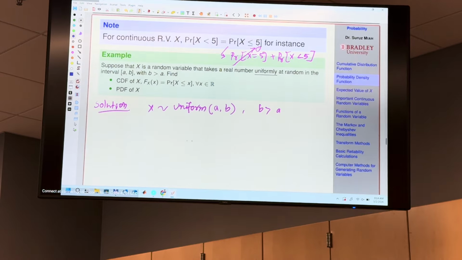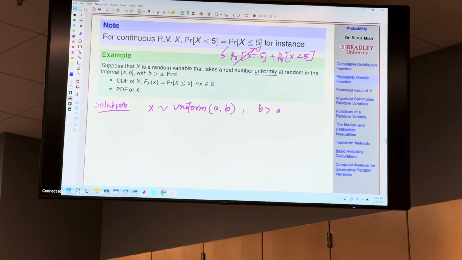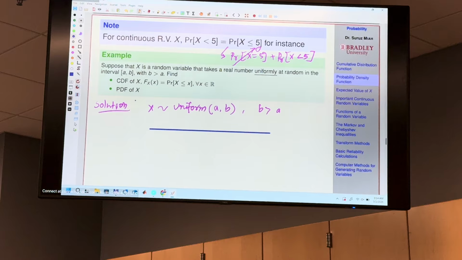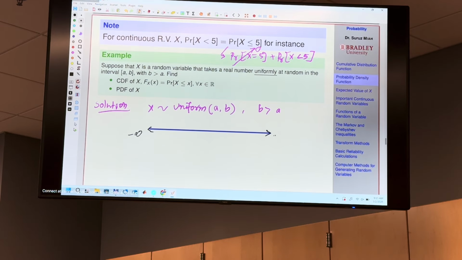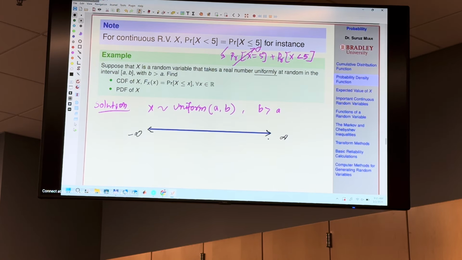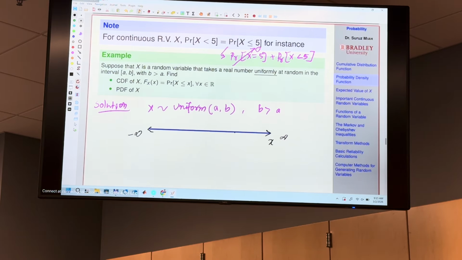Now look, you see this is a real line. It could be negative infinity to positive infinity. And here this is your random variable x, which can take any value from negative infinity to positive infinity.